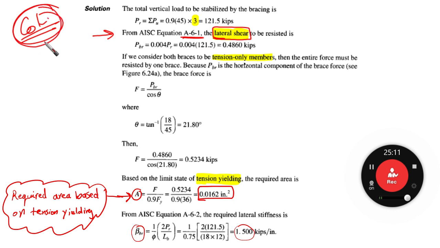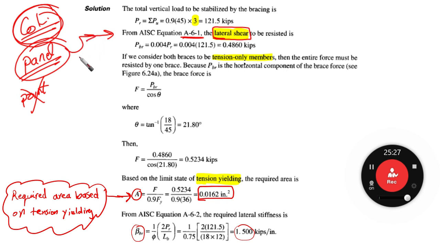From Appendix 6, for column, we are going to use panel bracing, not point bracing. Going to the equation as I explained in the previous lecture, related to panel bracing, you are going to find this PBR is going to equal 0.004 PR. Actually, in the code, you're going to find it 0.005, according to the new edition 2016.